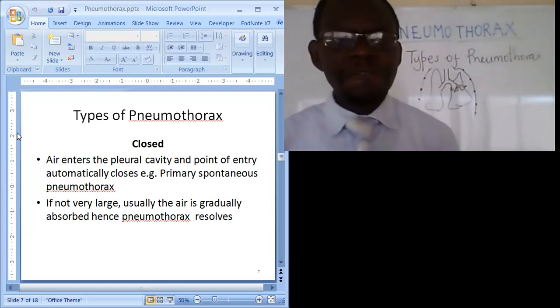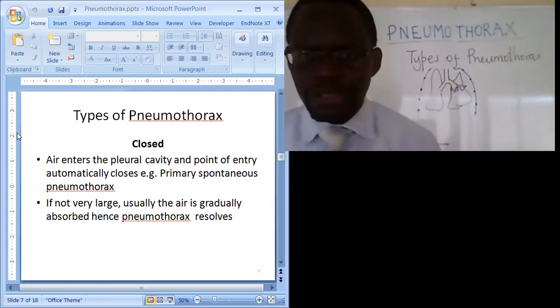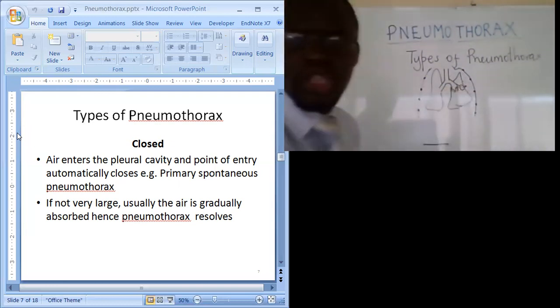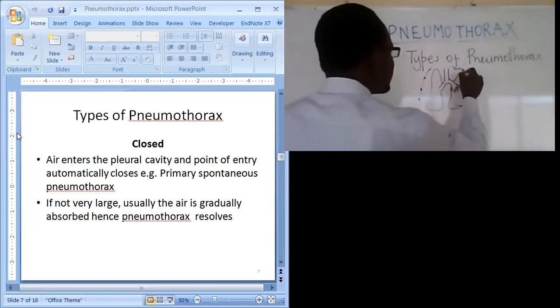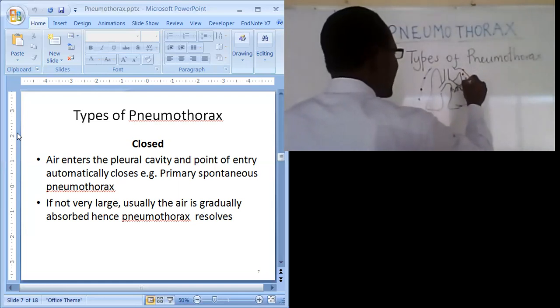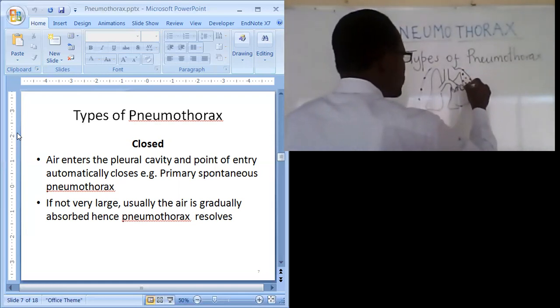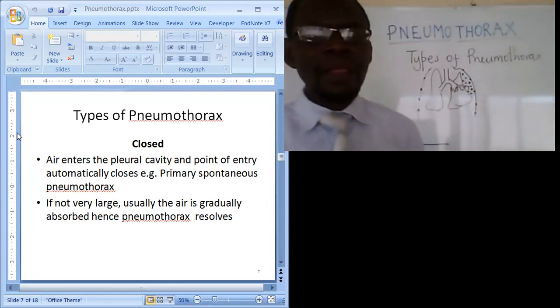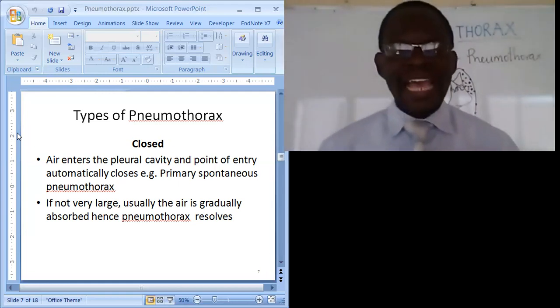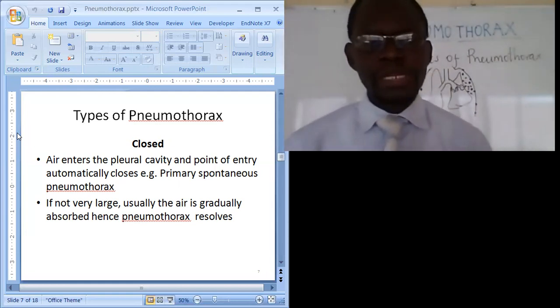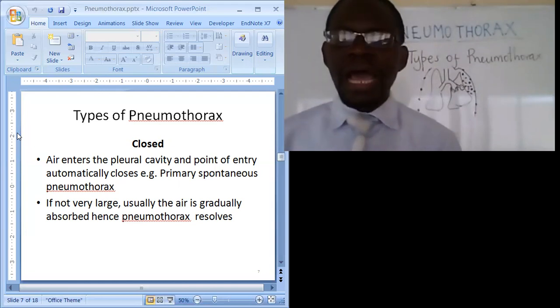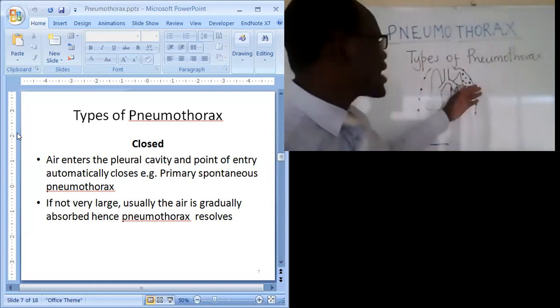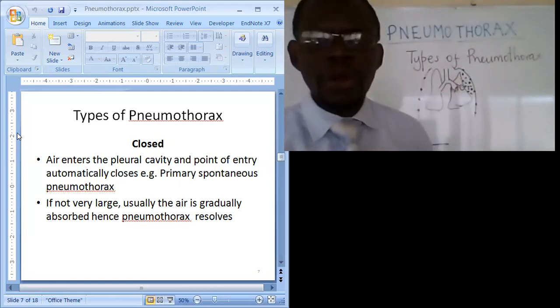Now, if it is not very large, in other words, if the escape of the air is not too much, then usually the air is reabsorbed, and therefore the pneumothorax subsides or goes away.